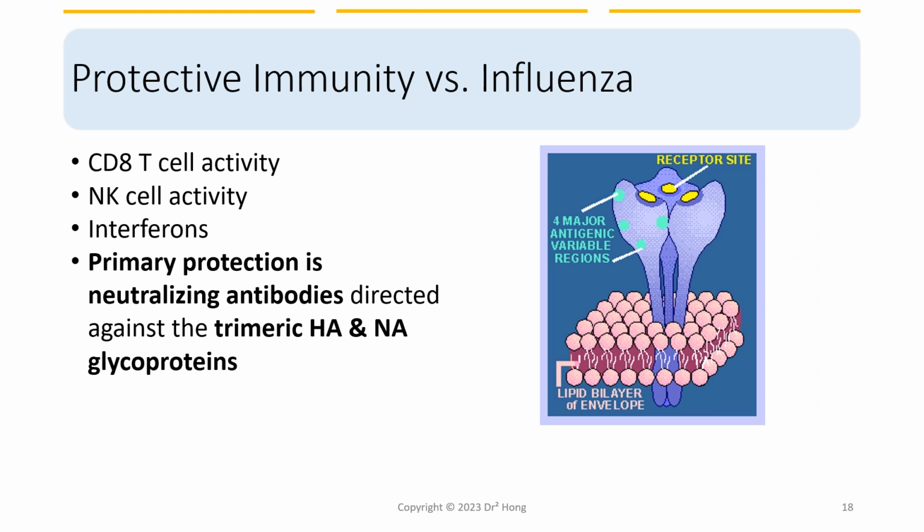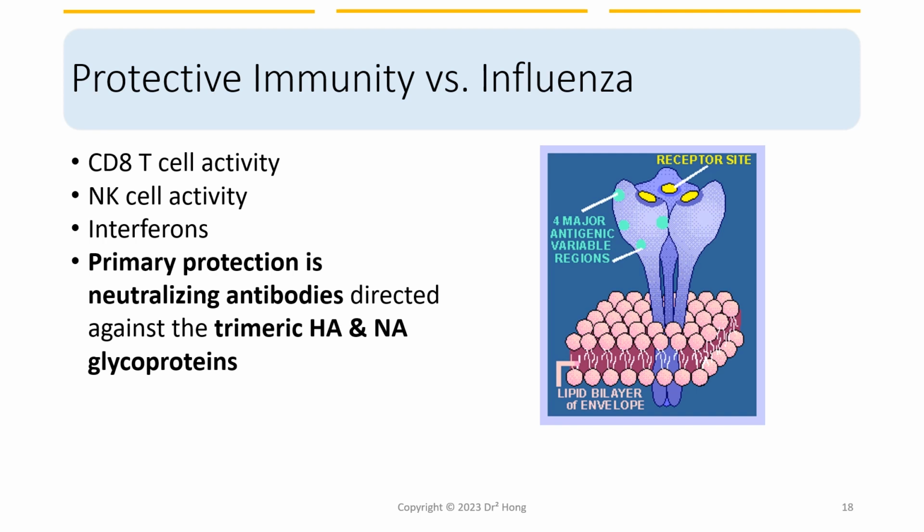Protective immunity against influenza involves both the innate and adaptive immune mechanisms against viruses, including cellular and humoral responses. CD8 T cells, NK cells, and interferons kill virally infected cells.